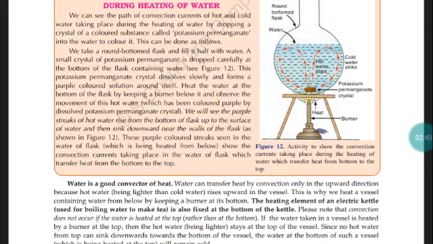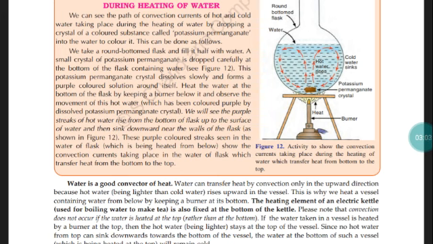See, they have taken a round bottom flask and filled it with water, and then the next step is to drop a color substance, that is potassium permanganate. Potassium permanganate is a crystal which dissolves when dropped in water.